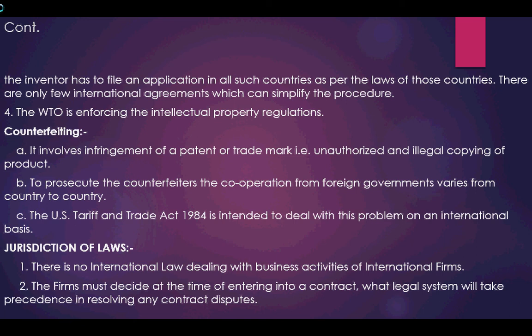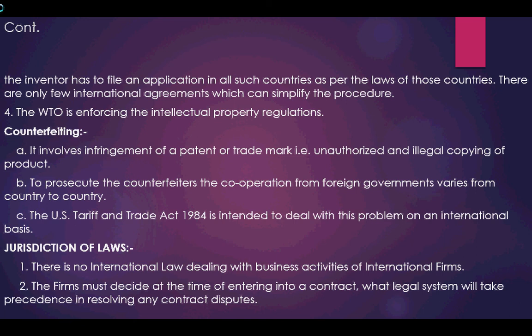To prosecute the counterfeiters, the cooperation of foreign governments is very essential, because this type of activity varies from one country to another. The US Tariffs and Trade Act 1984 is intended to deal with this problem on an international basis.